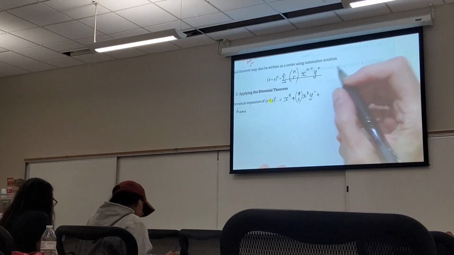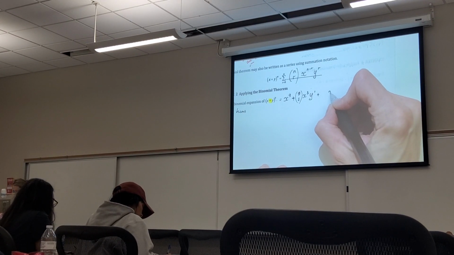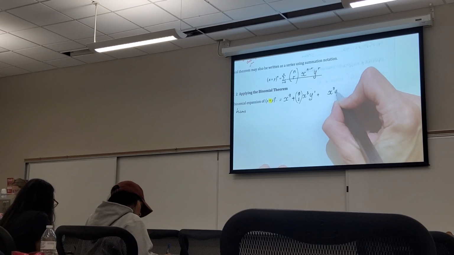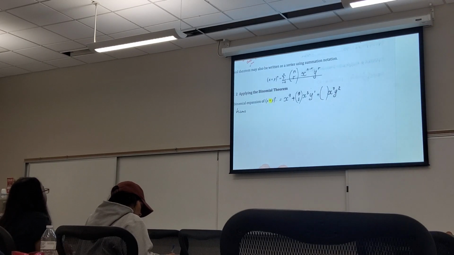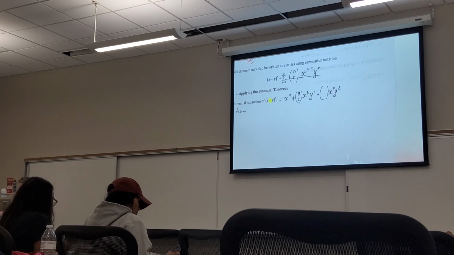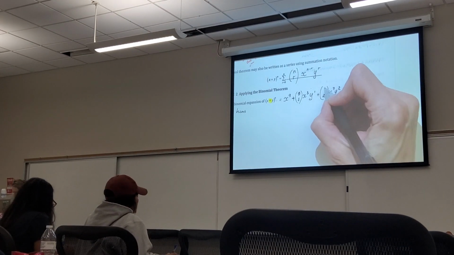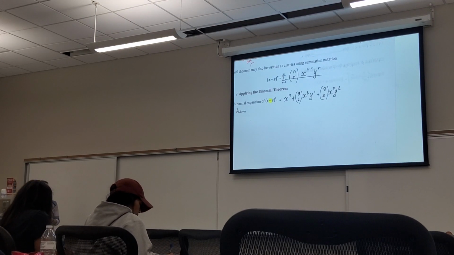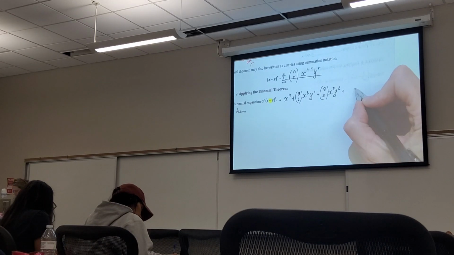For the next term, the power of x goes down, would be what? 7. The power of y goes up, would be what? 2. Therefore, now I will set up a combination of choosing 2 terms out of what? 9. Now we are moving on. Next term, x power goes down, correct?